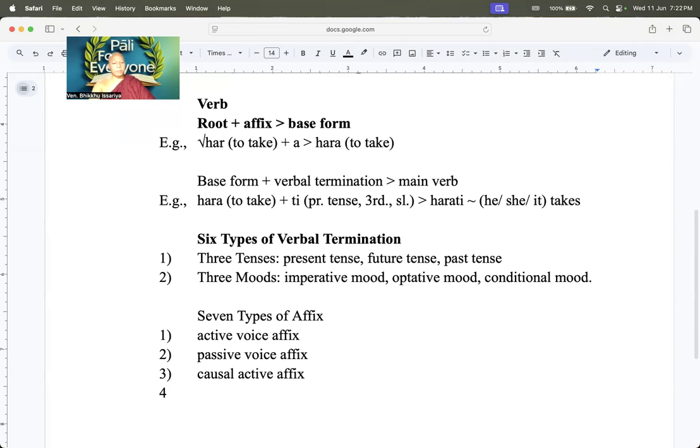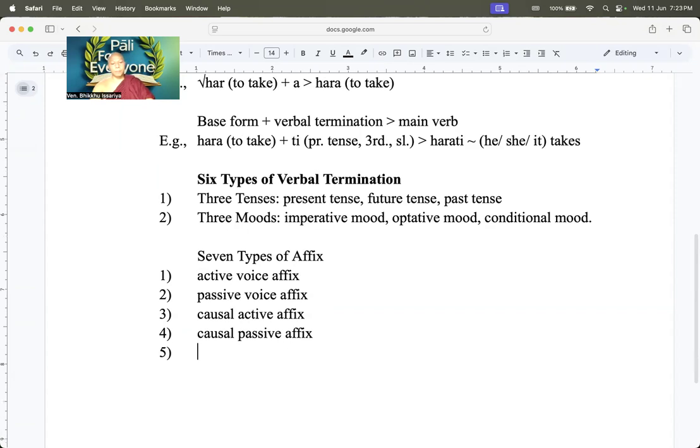And the fourth one is the causative passive affix. And then the fifth one is the desiderative affix.